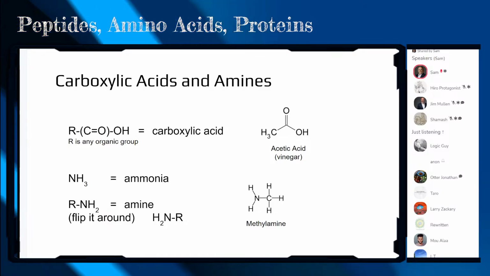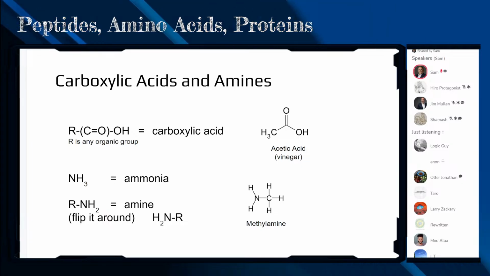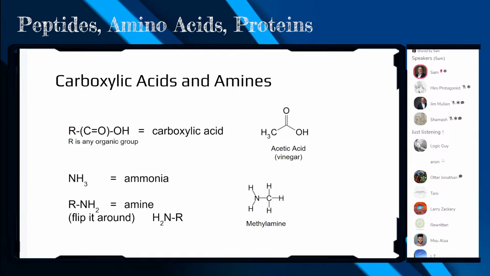When you use R, it means that it's an organic group that doesn't get involved in the reaction, so we don't really care what it is. The C double bond OH is what makes it a carboxylic acid.